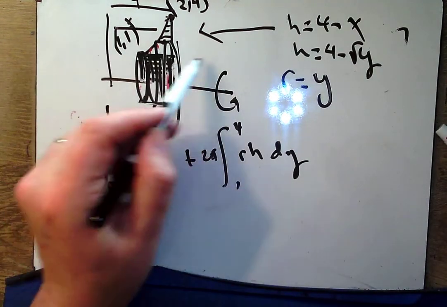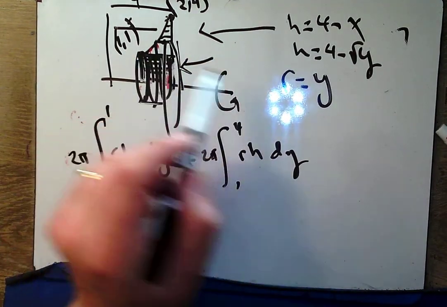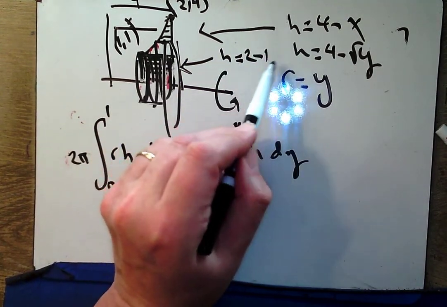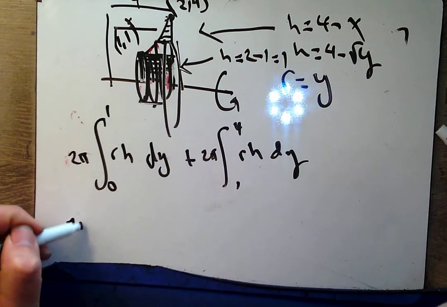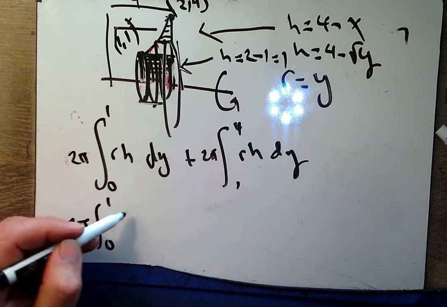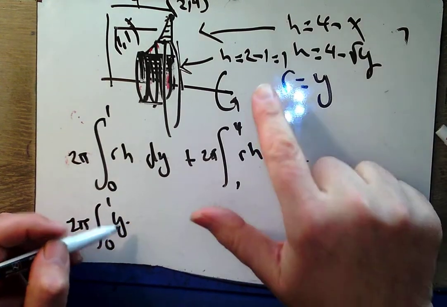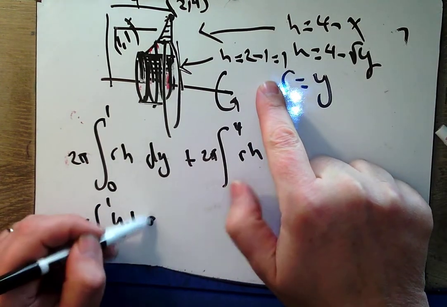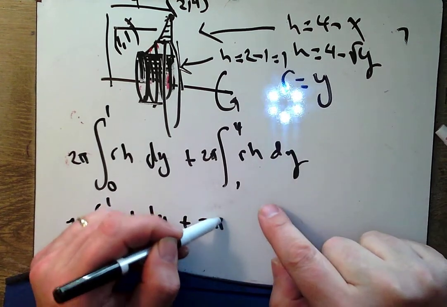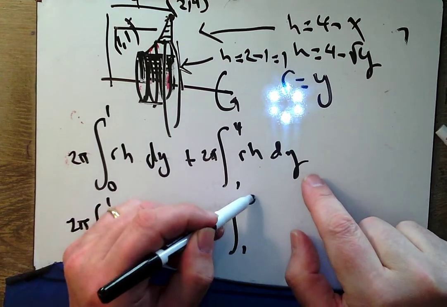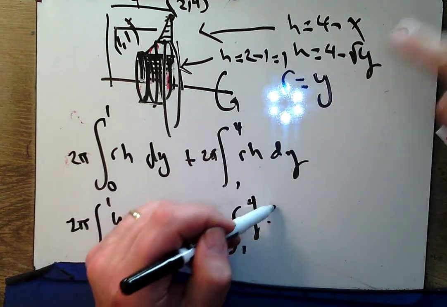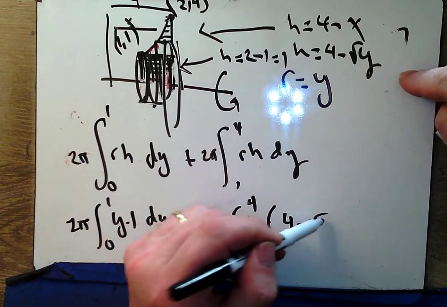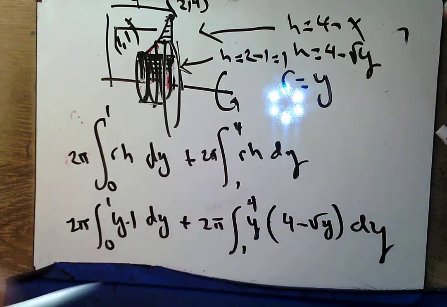Okay, but what about the h down here? Well, the h down here is a constant, 2 minus 1 or 1. Okay, so then I guess I could write 2 pi integral 0 to 1, y times 1 dy plus 2 pi integral 1 to 4. The radius is still y, but the height now is 4 minus root y dy.